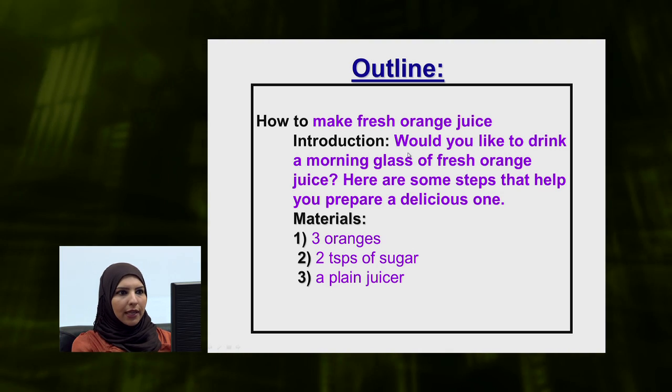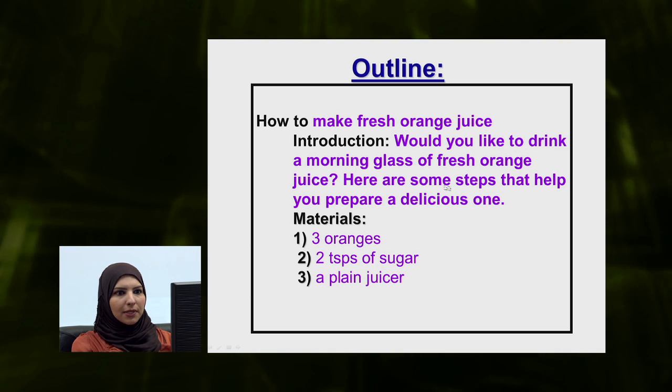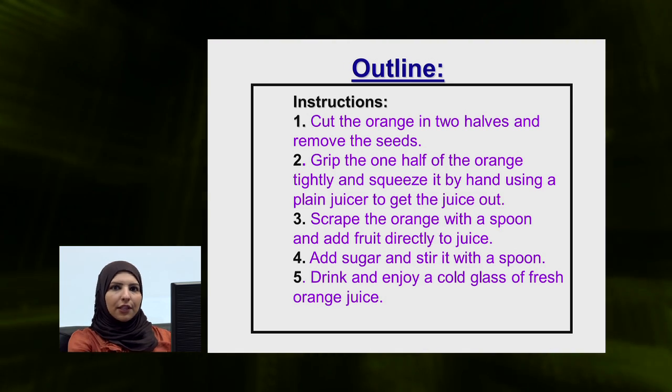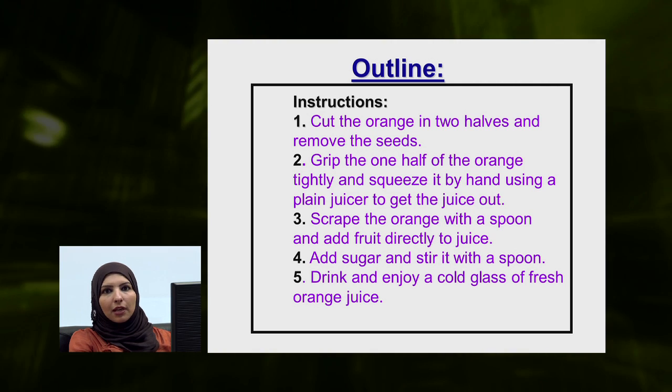Would you like to drink a morning glass of fresh orange juice? Here are some steps that help you prepare a delicious one. Then you list the materials you are going to use, like number 1, 3 oranges, 2 teaspoons of sugar, and a plain juicer. Then you complete your outline with the instructions and you write them in time order.